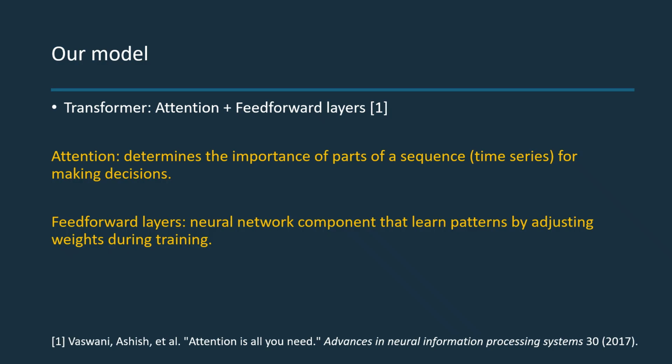The attention mechanism determines the most important parts of a sequence of a time series with the goal of making the best decision, whereas the feed-forward layer, as present in most neural networks, is a component that learns patterns by adjusting weights during the training process.